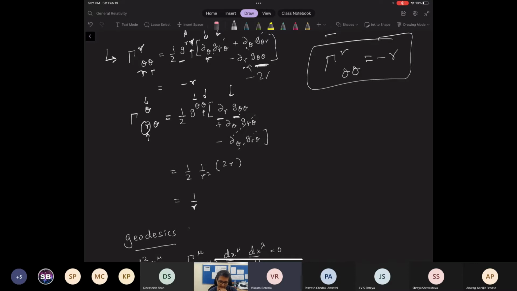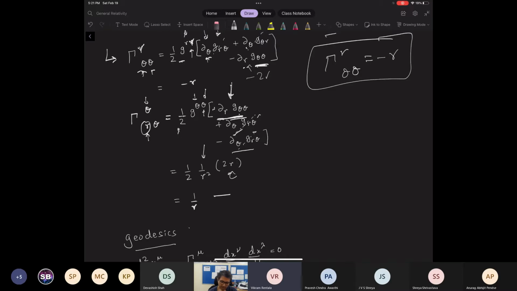I also have terms like partial θ g_rθ minus partial θ g_rθ. These are anyway 0 because g_rθ is 0. But again, you see that I get this partial r g_θθ type term, which is non-zero. That is 2r, and here it appears with a plus sign. And g^θθ is 1 by r squared, and there's a factor of half.